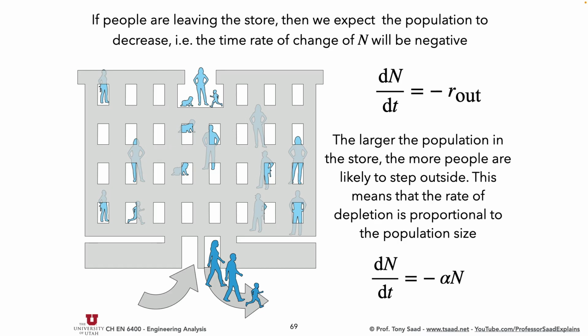But what I want you to think about is that this is telling us things are leaving this compartment. So if you think of this is where n lives, a negative term on the right-hand side of a derivative means we are consuming the reaction, or people are leaving the store. People are leaving that compartment.